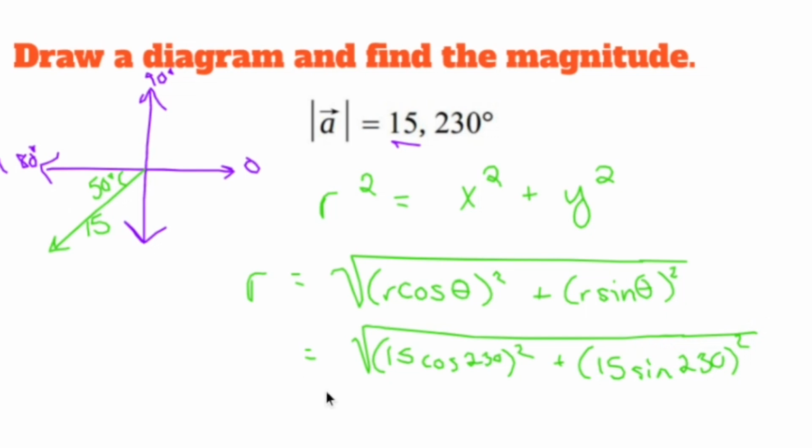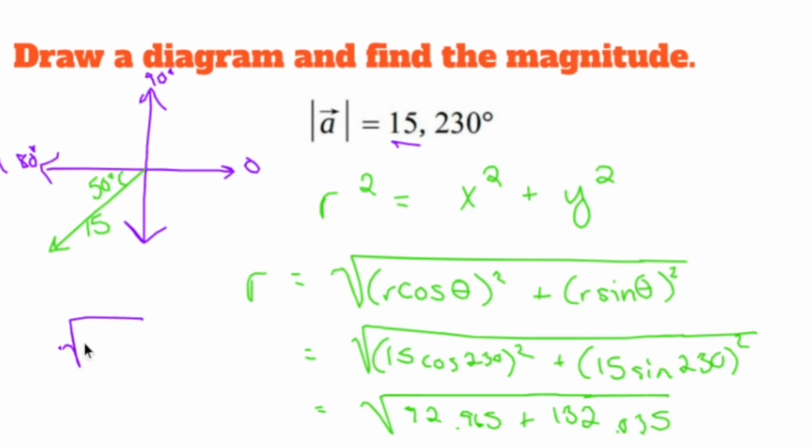This ends up being 92.965. This ends up being 132.035. Those two numbers coincidentally add up to 225, and the square root of 225 is 15.